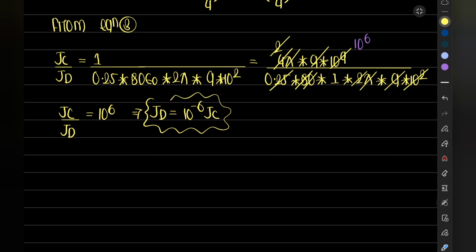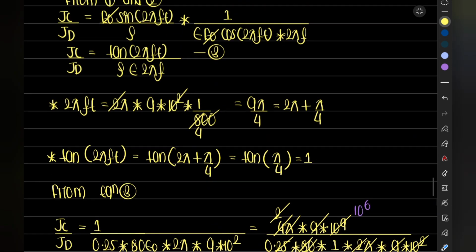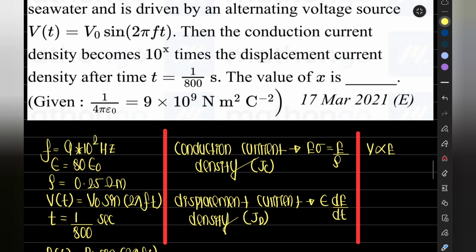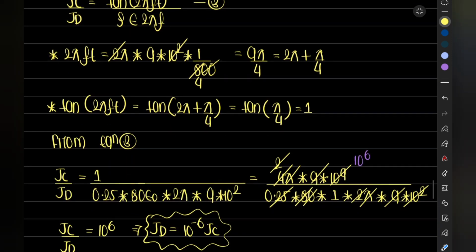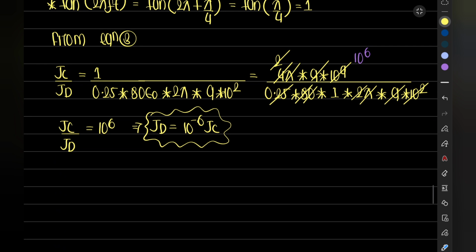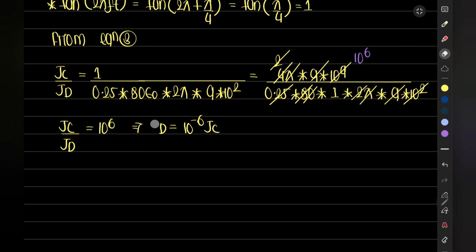If we compare it with the given question, they have said that the conduction current density becomes 10 to the power x times the displacement current density. So in terms of displacement current density, we need not take the ratio, we can simply multiply, and we get JC equals 10 to the power 6 times JD.